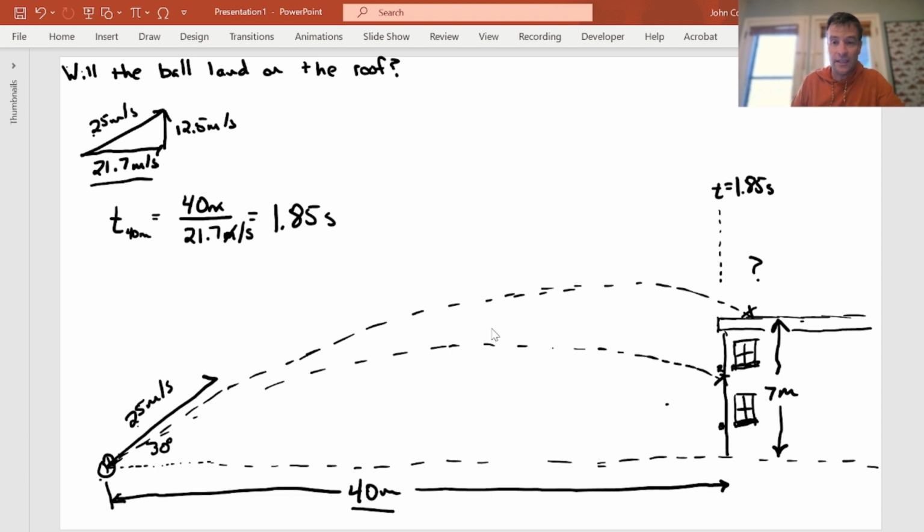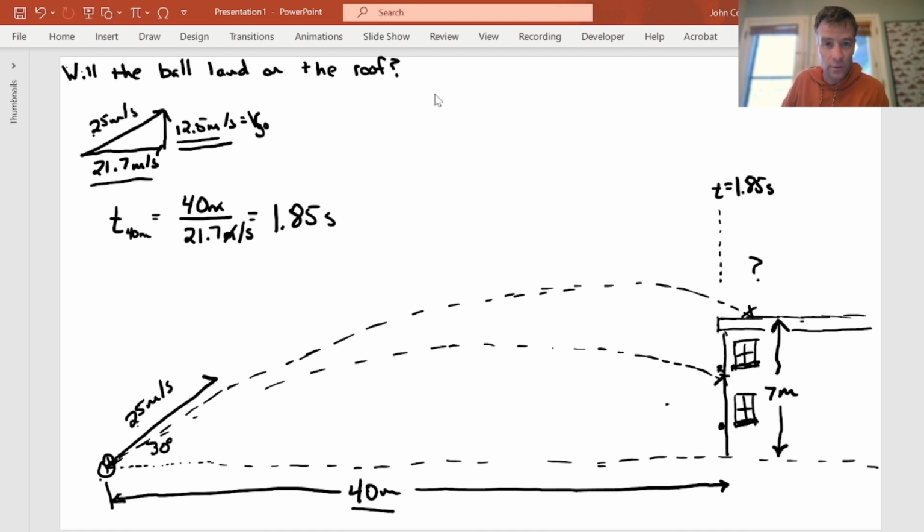The next part is to figure out how high the projectile will be at 1.85 seconds. Well, how high is a question about the vertical position of the projectile. So we now have to work with the vertical motion of the projectile. This is Vy0.